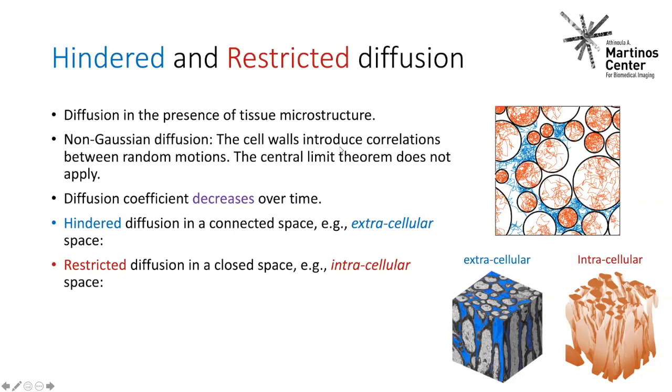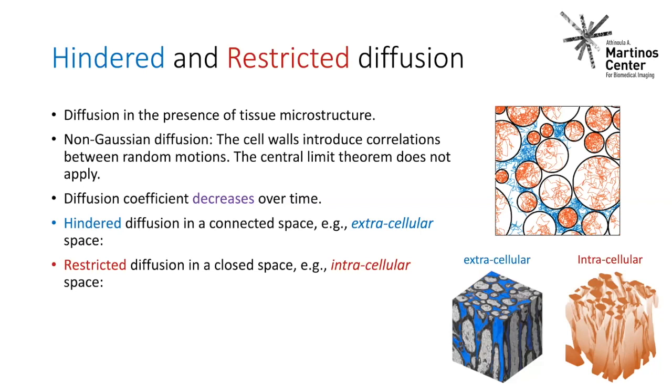We say that the cell walls introduce correlation between random motions because, when a water molecule collides, like hitting the membrane wall, it will bounce back. So its velocity is in the opposite direction, and this opposite direction in velocity gives us the correlation between the motions.